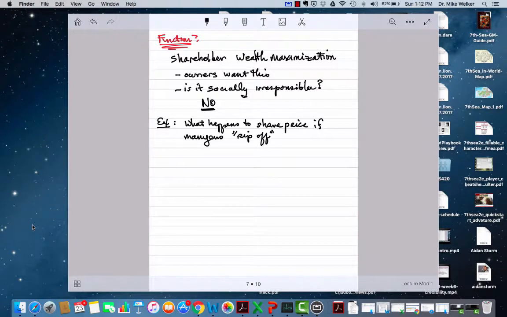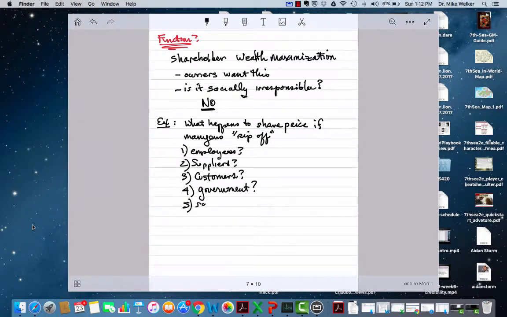Suppose they were to rip off employees or suppliers or, say, customers, the government. Suppose they were to rip off society.